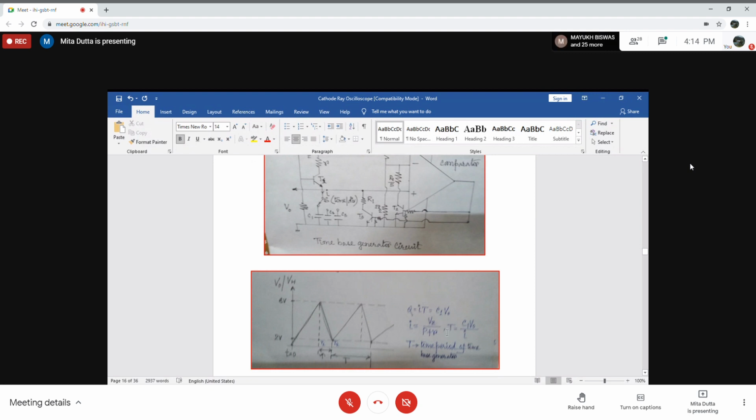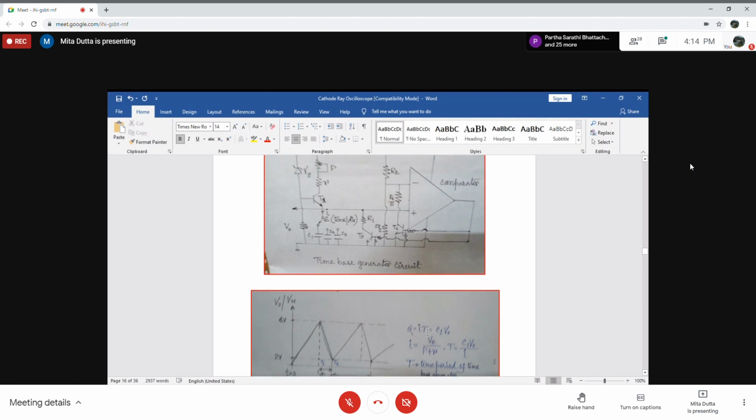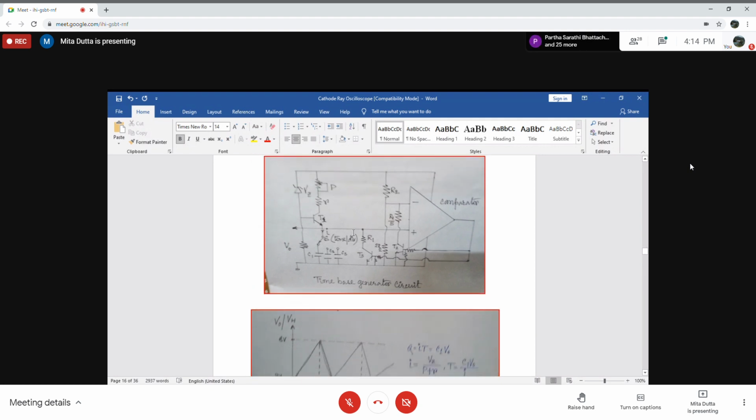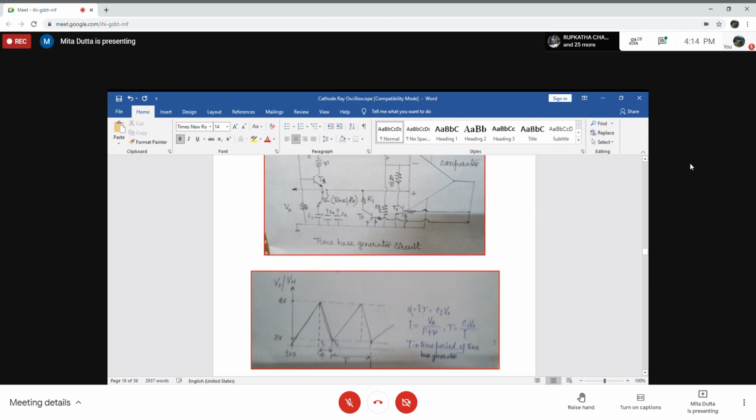And from the expression of time, for a particular position of the switch, this C value is constant and I is constant, because it depends upon the Zener voltage. The Zener diode has a constant voltage, and this P is the potentiometer and R is the fixed resistance, and these values are known to us, so this current will remain constant. So T0 is proportional to C1 into V0.